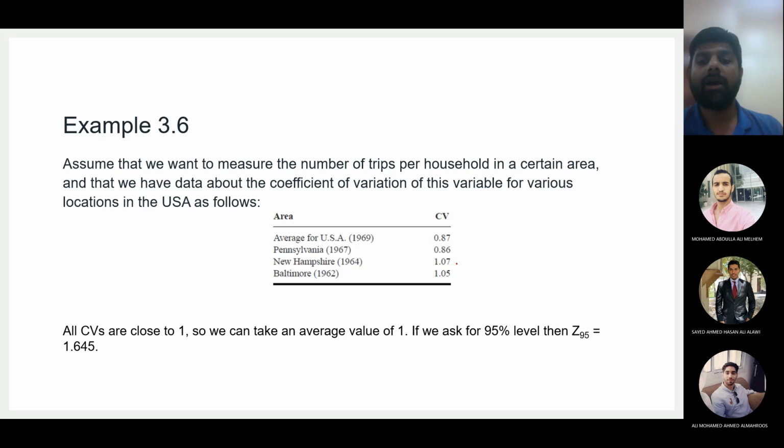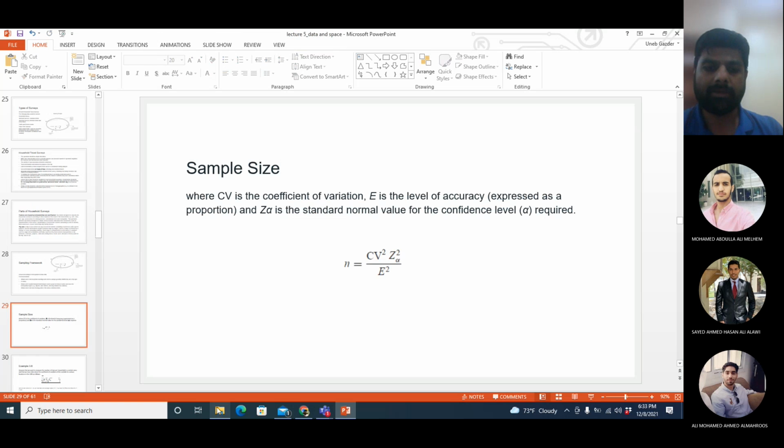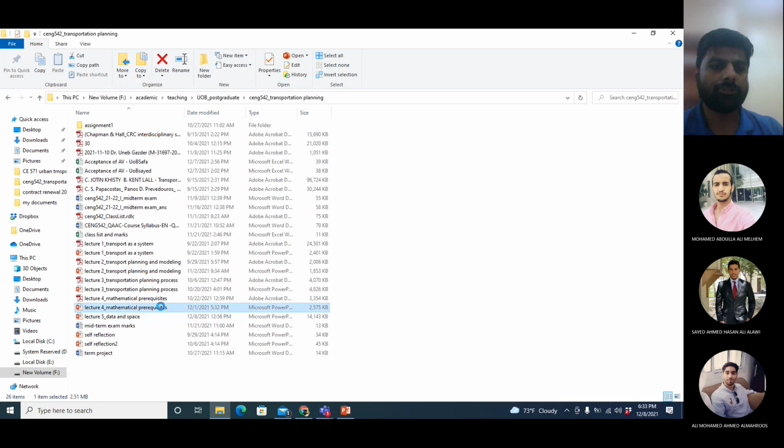And then I need the Z alpha. For that, I must fix alpha. How much confidence do I need? For example, I need 95% confidence. Now just as a reminder, let me show you the Z table as well.